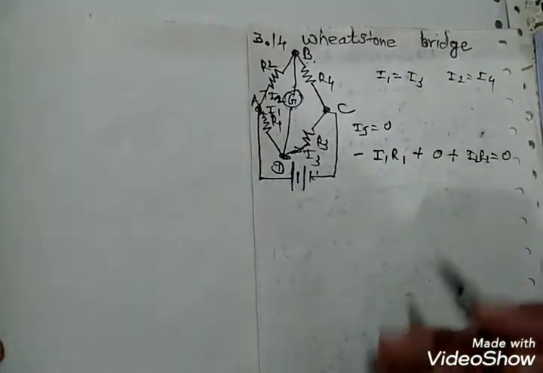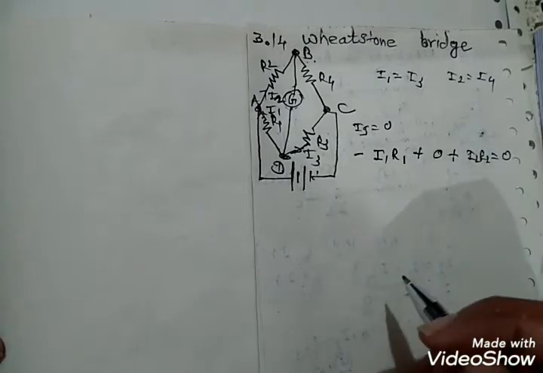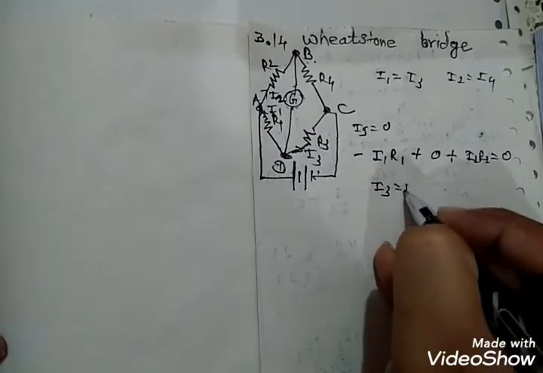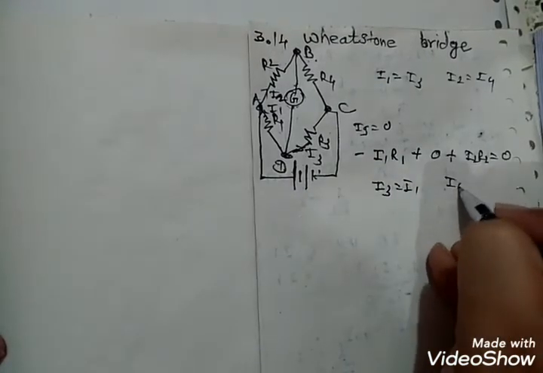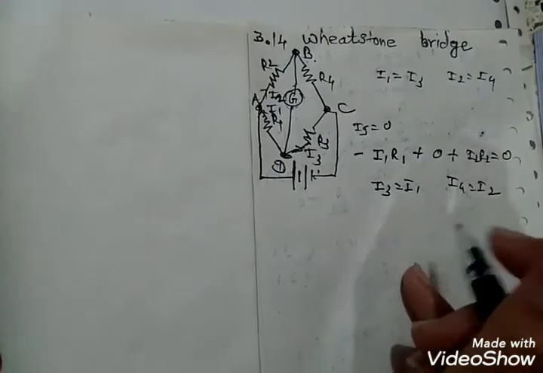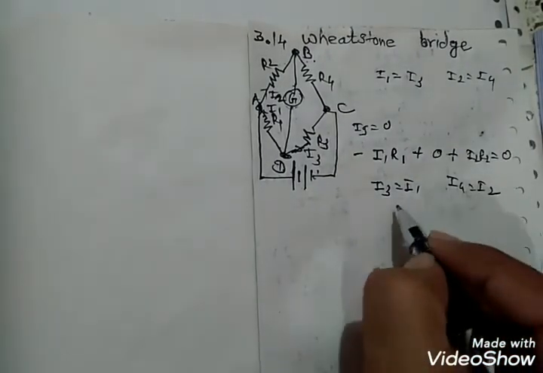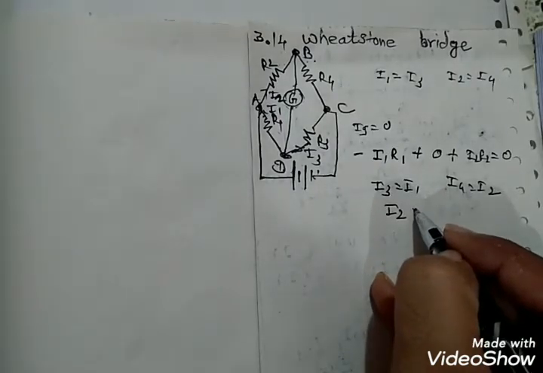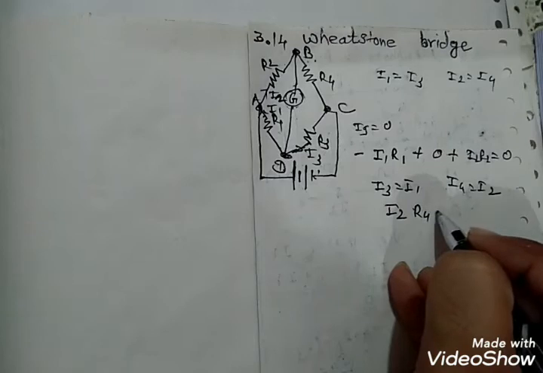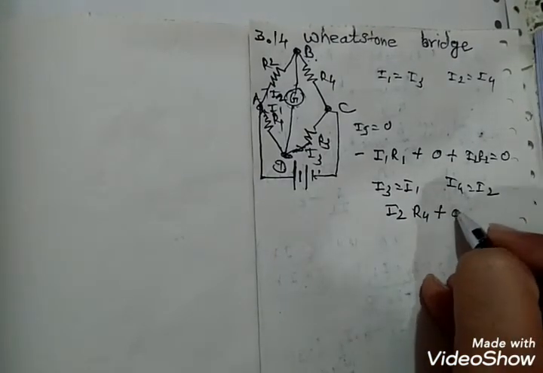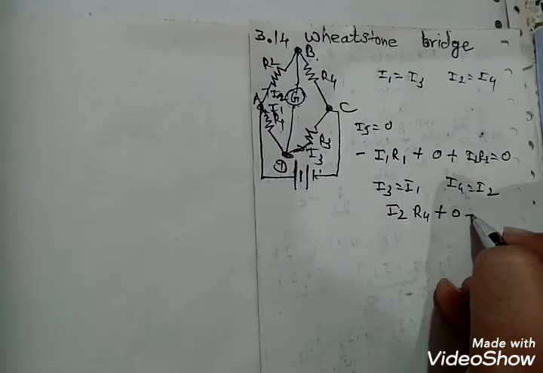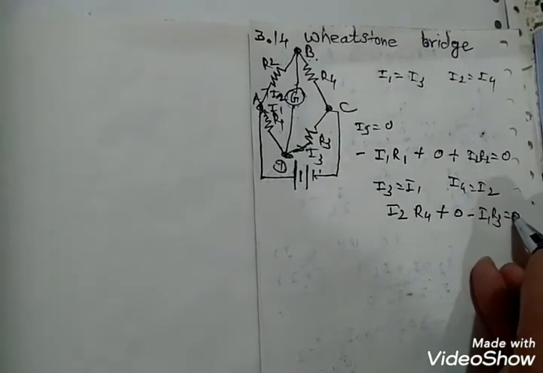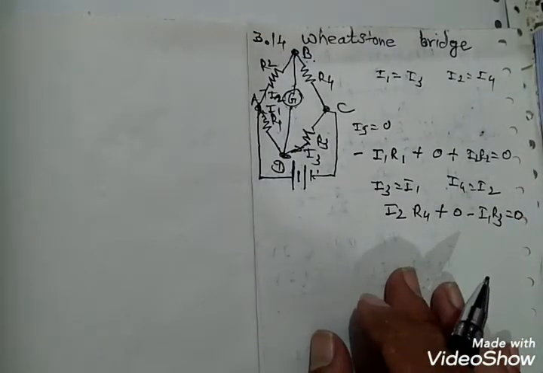Now the second loop, using I3 is equal to I1 and I4 is equal to I2, gives I2 R4 plus 0 minus I1 R3 is equal to 0.